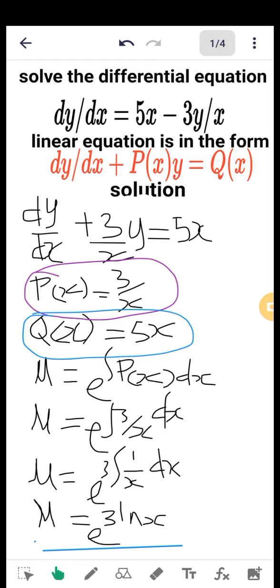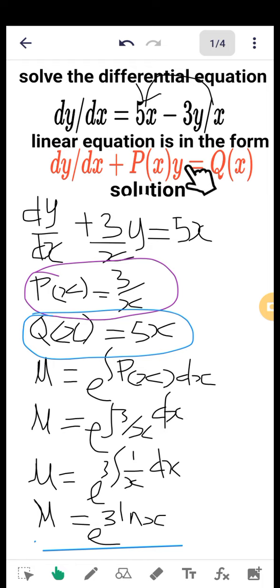we can compare. Before comparing the p(x) and the q(x), we can send the term minus 3y over x to the left hand side. When this comes here, we are getting plus 3 over x times y equals 5x.